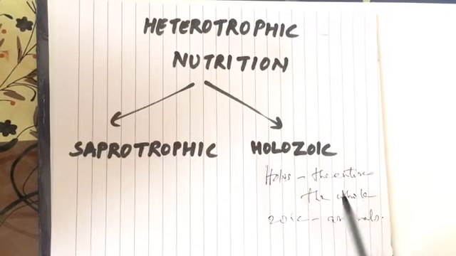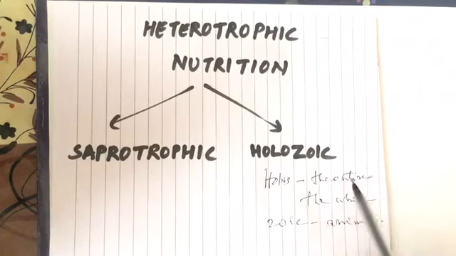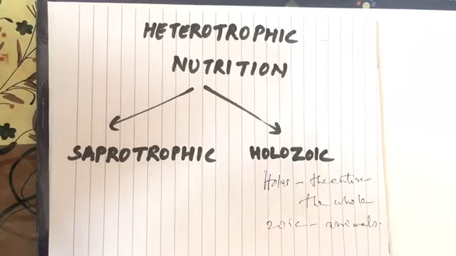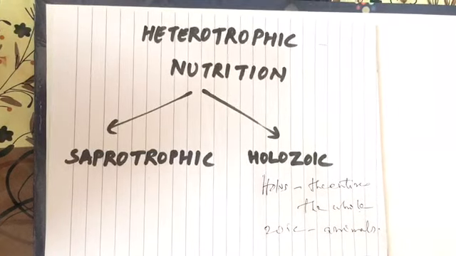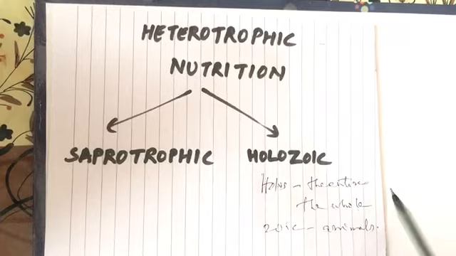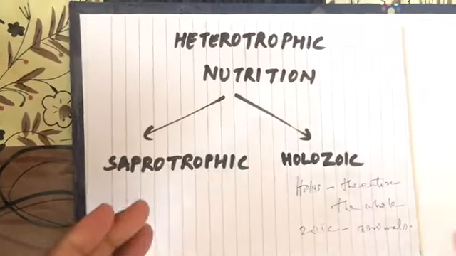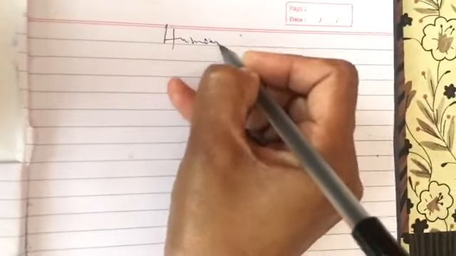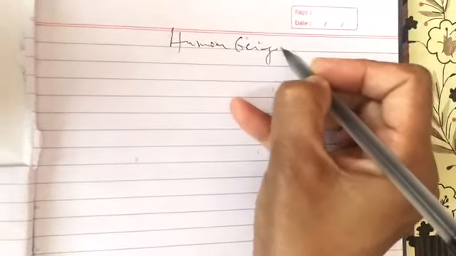Whereas in holozoic nutrition, the complex food materials are taken from the outside world, then get digested inside the body. So, holozoic nutrition we are going to learn in humans. In human beings, how holozoic nutrition takes place.